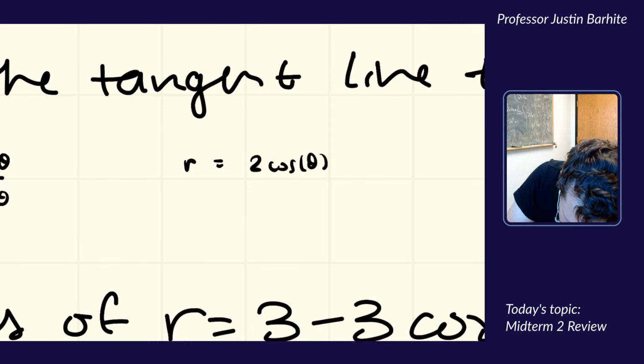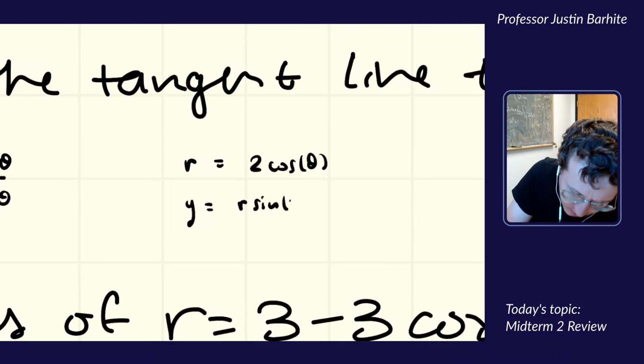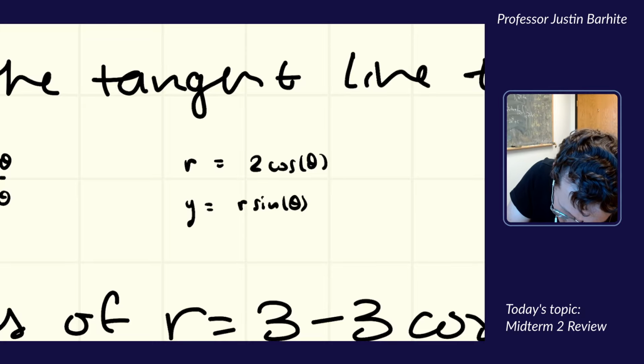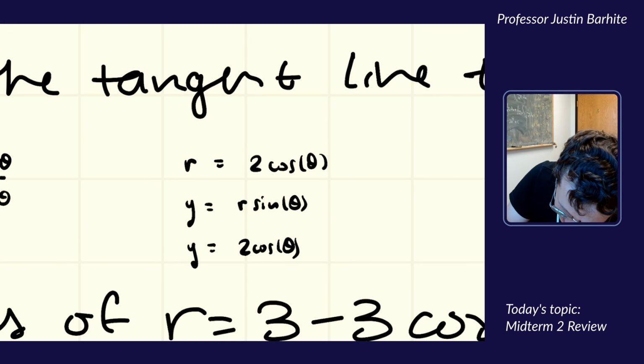Well, y is r sine theta. Which means y is 2 cosine theta, that's the r, times sine theta.